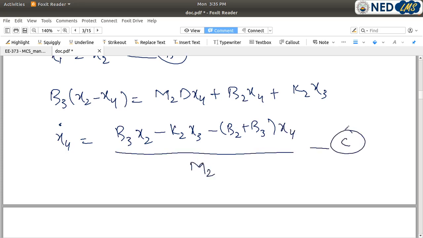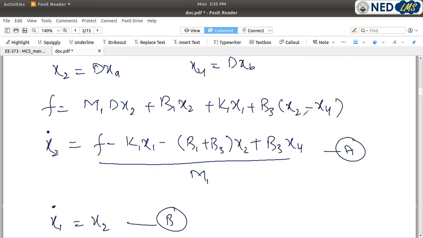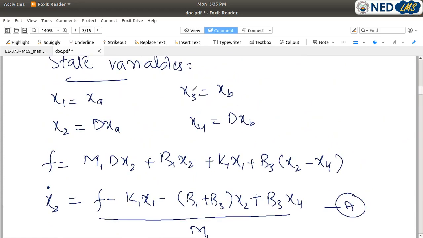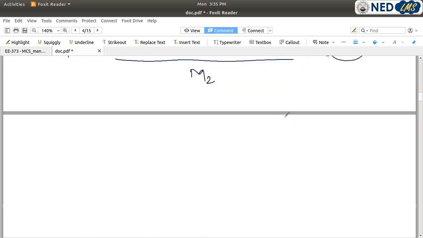So this is the third state equation, and I can write the fourth state equation by putting this equation in this. So x3 dot is equal to x4. So this is the fourth state equation.